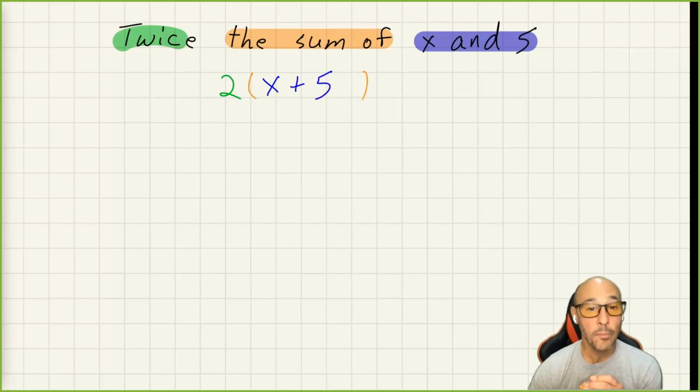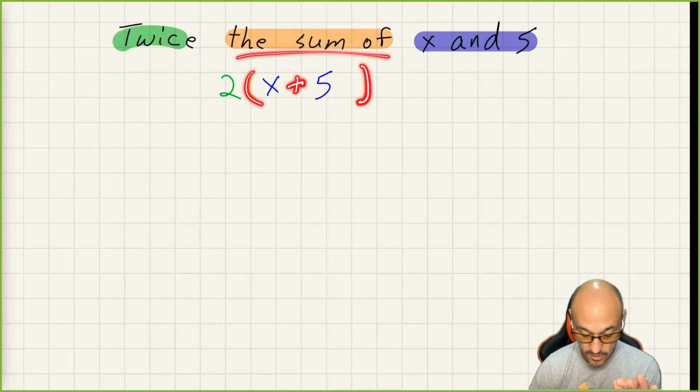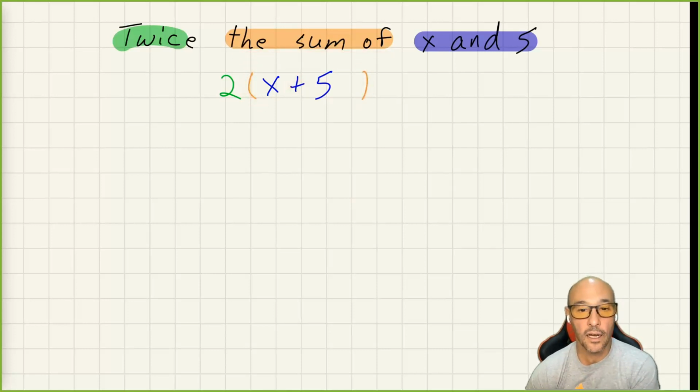So the sum of tells us addition in parentheses, and we're adding x and 5, and we're multiplying by 2. So that's how that one works.